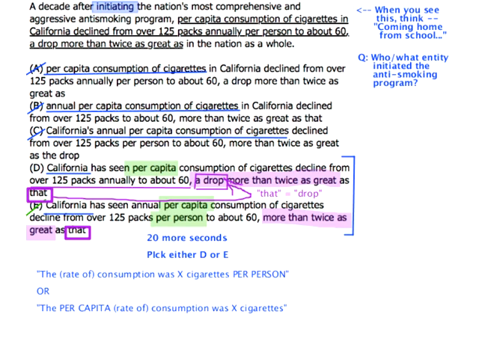In context, that must stand for decrease or drop or something like that. So you don't have that noun here. And then the other problem is, again, more than twice as great seems to suggest that the number 60 itself, which is the number of cigarettes that people are smoking in California, makes you seem to think that people in the rest of the U.S. are smoking less than 30 packs, which is not what the point of the sentence is.